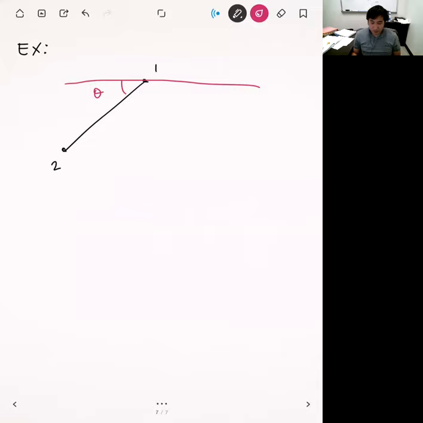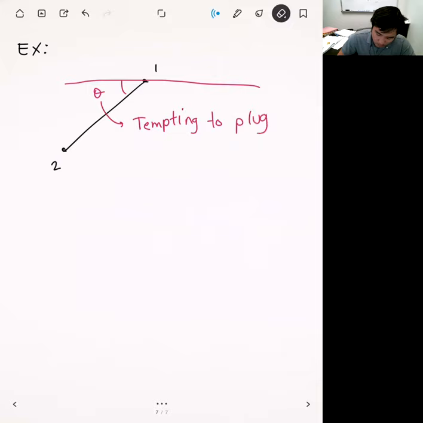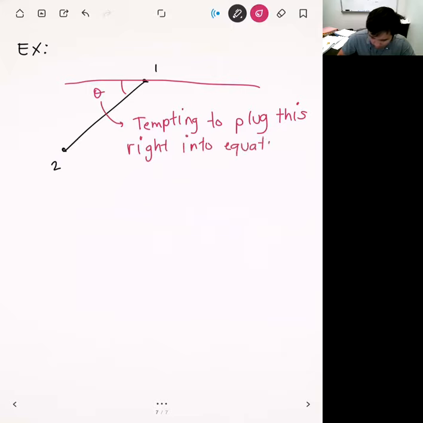Okay. Right. And so, when you're given an angle theta like this in the geometry, it's really tempting to just take that angle and plug it right into the equations. Okay. What I'm telling you is to resist that notion.